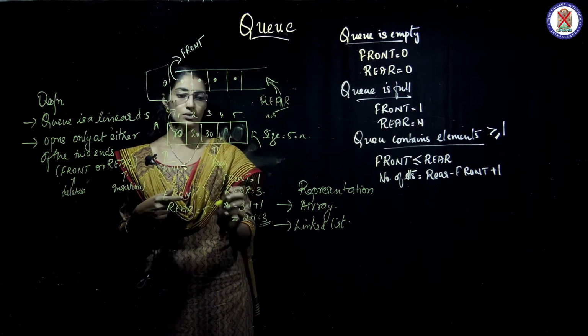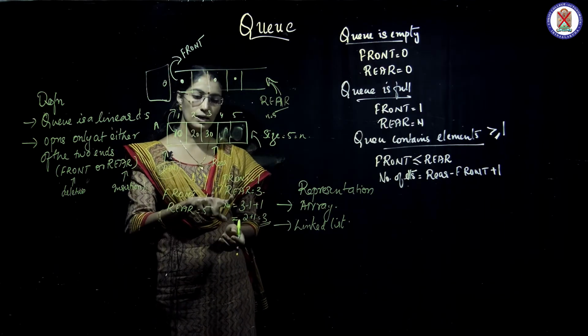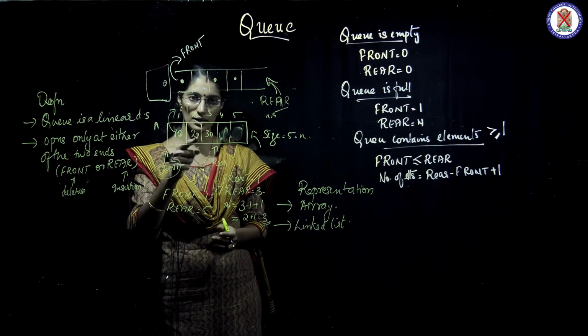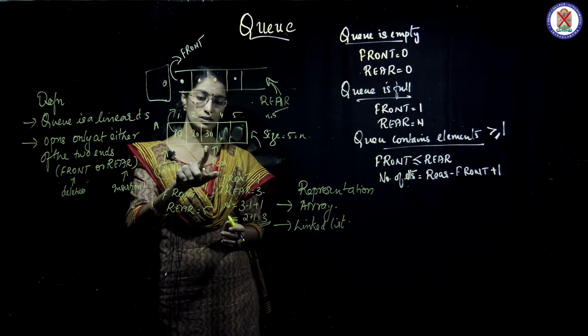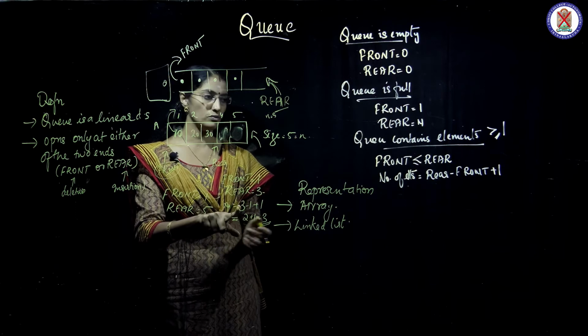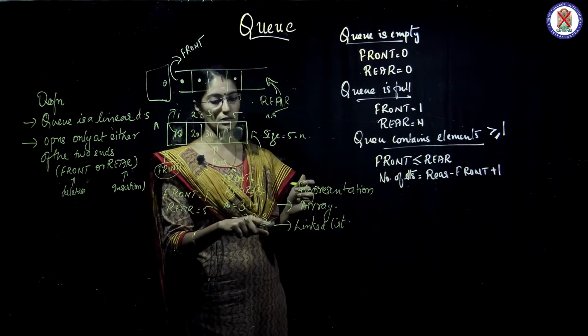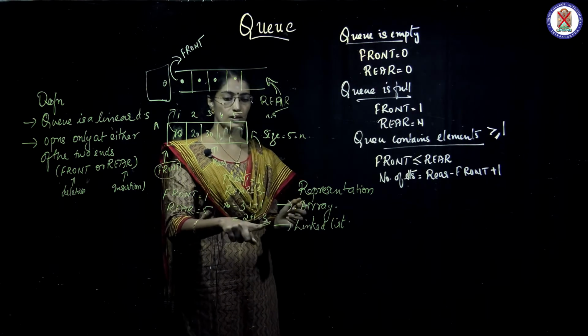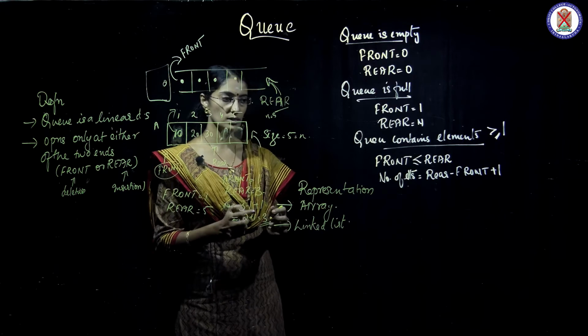So that means when the queue is not full, you will have front as 1 itself, and rear will be the index of the last inserted element, and that is 3 here. The number of elements can be found with the formula rear minus front plus 1, that is 3 minus 1 plus 1, and that will give the number of elements. In this example we already have 3 elements, right?